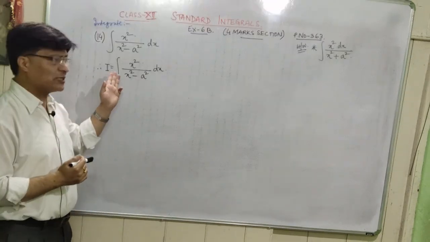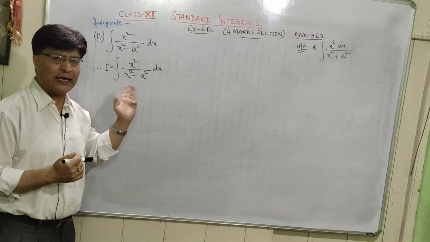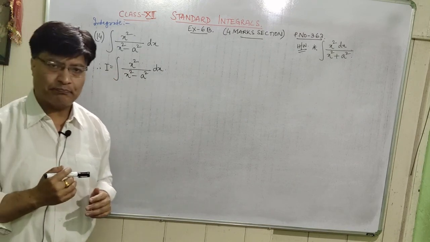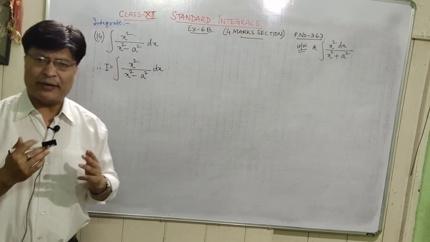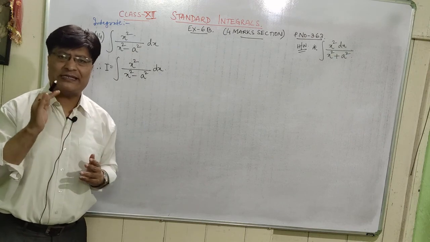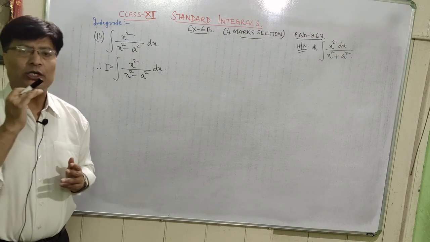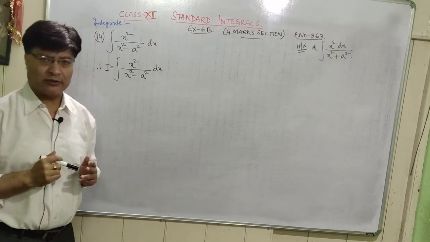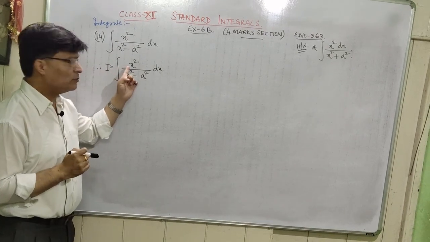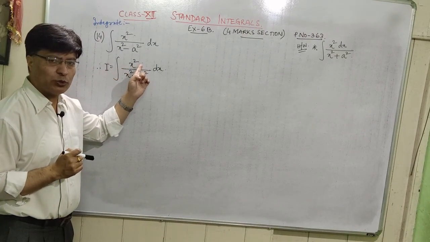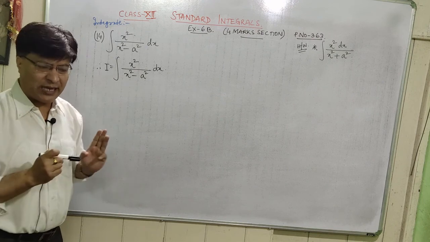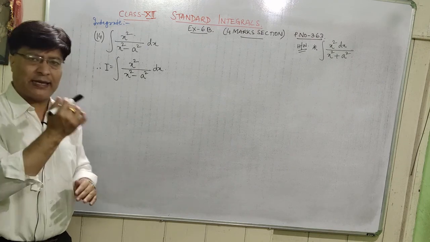In this case the method is: whatever is there in the denominator, you write it in the numerator. Here we see the power of x is 2 on top and 2 at the bottom, the same, so whatever is at the bottom, we write on top.